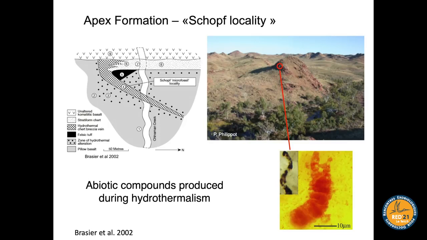But we also have a problem with this Apex chert: the locality, called the Schopf locality from the first papers that were published, is not at all a sedimentary surface environment. It's a hydrothermal vein, as you can see on this nice schematic. So this morphology, this compound, could be completely abiotic, produced during hydrothermalism.